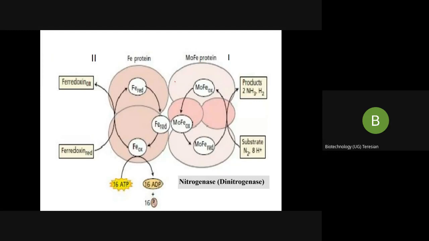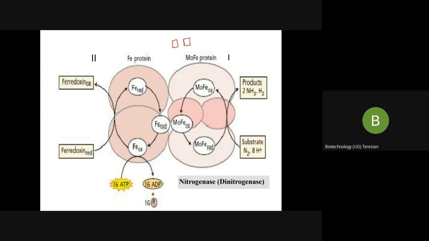So first you see these two components are associated with each other, but in the actual mechanism, when you study it, both the components will be separated. This is in a bit more detail, which I did not mention there. Actually these two components will be separated like this, in a disassociated form.